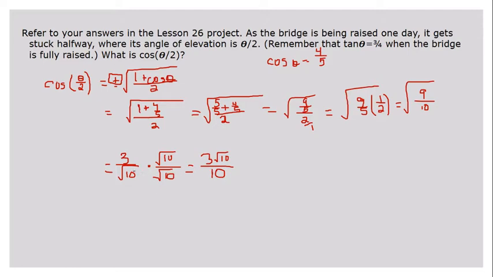Remember, if you have two square roots with the same number inside multiplied together, you just get the number inside. Or you can multiply it out: 10 times 10 is 100, and the square root of 100 is 10. So cosine of theta over 2 is 3 root 10 divided by 10.